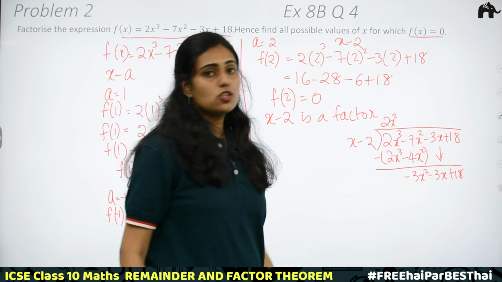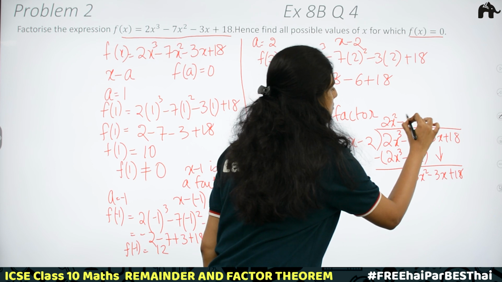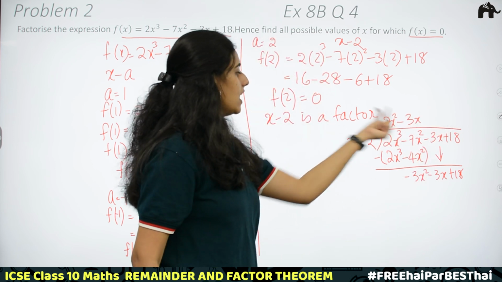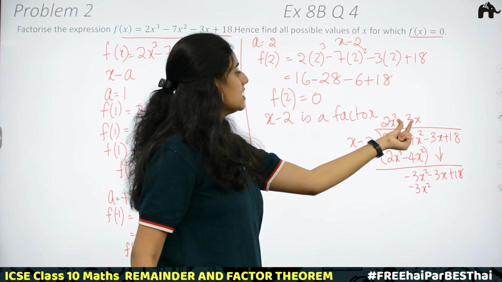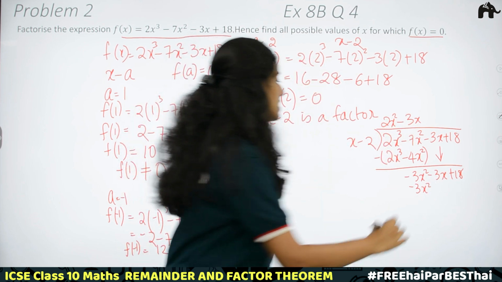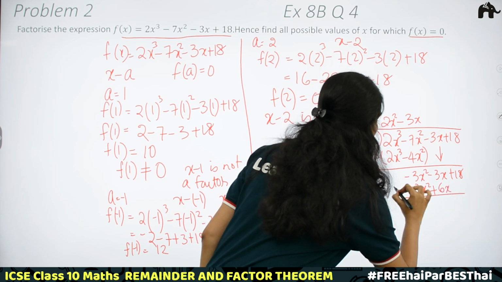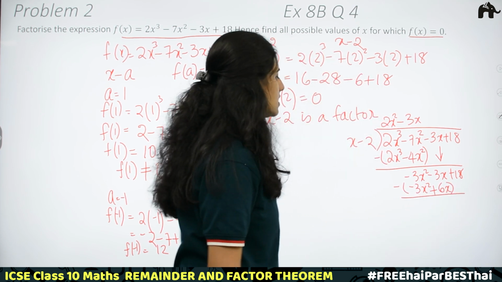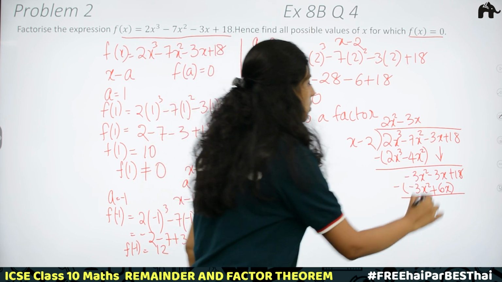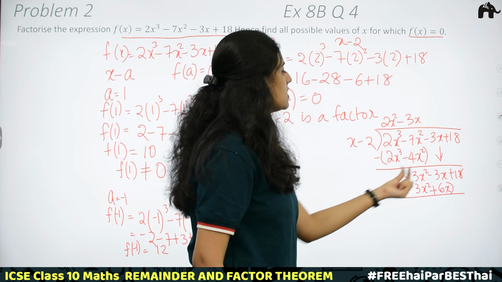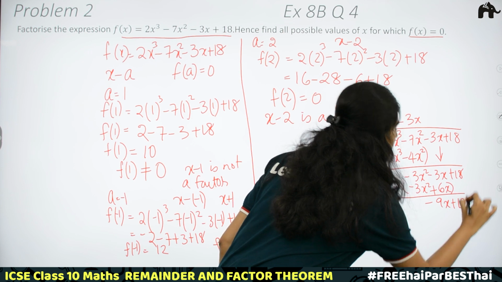Minus 3x square is obtained when x is multiplied with minus 3x. Here we have minus 3x. Minus 3x into x is minus 3x square. Minus 3x into minus 2, that is plus 6x. On subtracting, we get minus 3x square plus 3x square, that is 0. Minus 3x minus 6x, minus 9x plus 18.